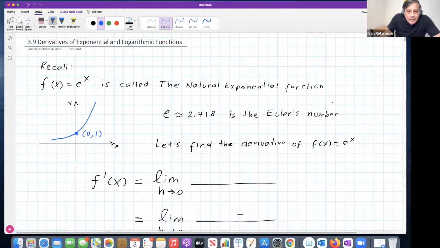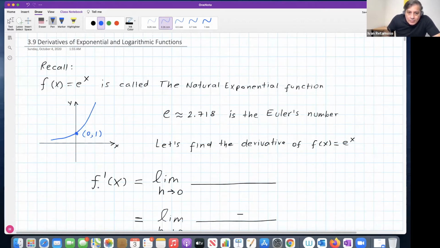Now we're doing calculus, so we have to figure out a way to take the derivative of this natural exponential function, right? So we're going to do this now. Suppose you call f of x equal e raised to x, the natural exponential function.